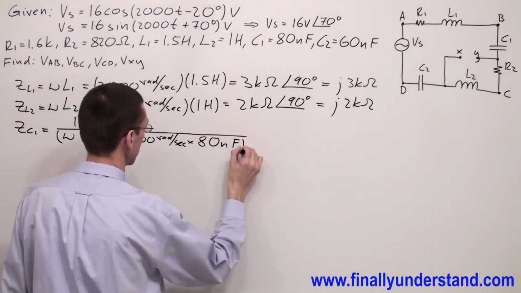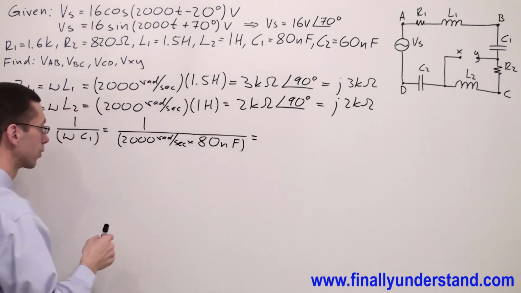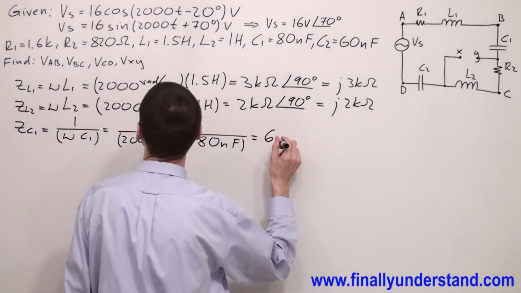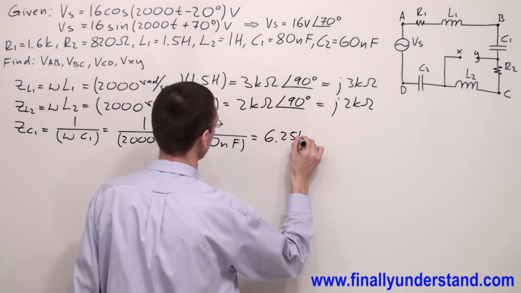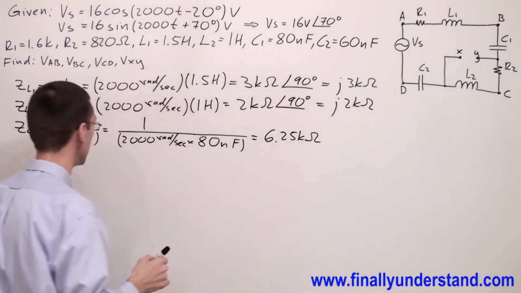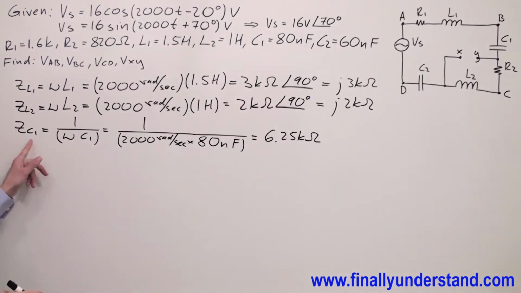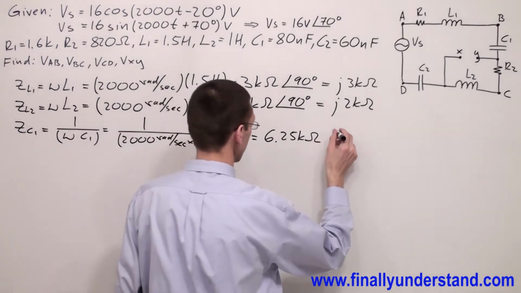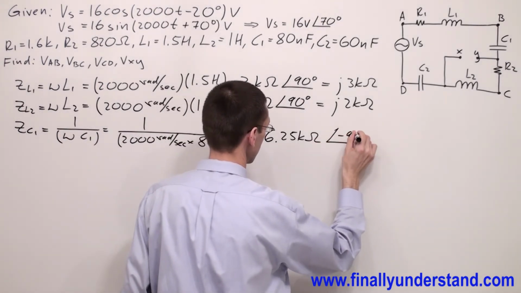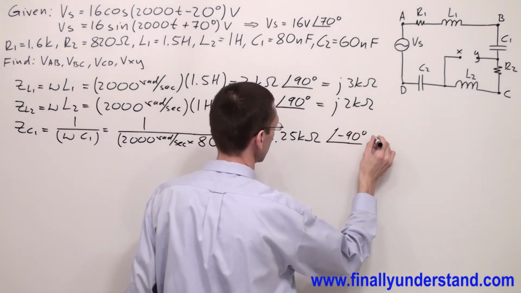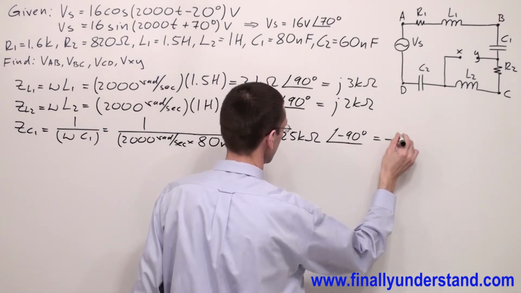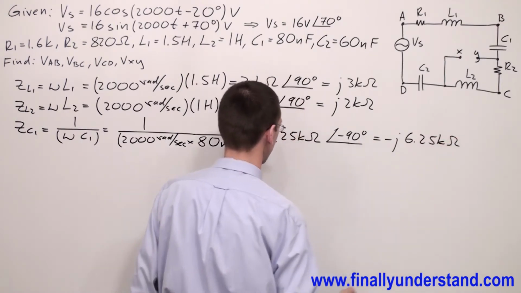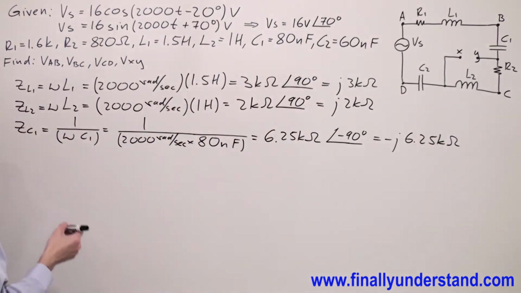Okay, close parenthesis, use the calculator, you're supposed to get the answer 6.25 kilo ohms. And remember that the impedance of the capacitor, or capacitive reactance, goes always with angle of negative 90 degrees, or you can say this is equal negative J 6.25 kilo ohms.